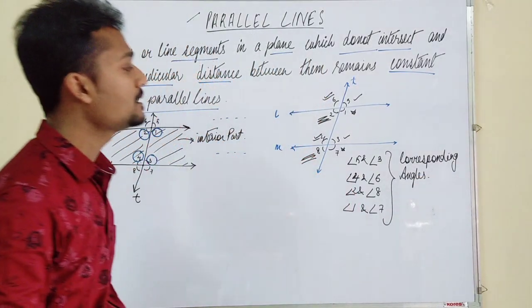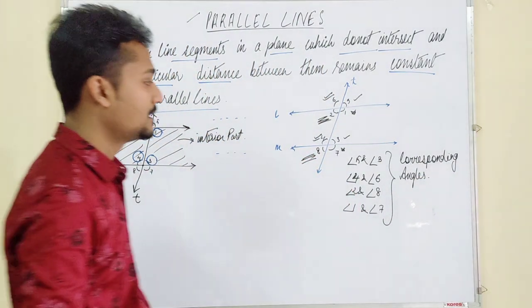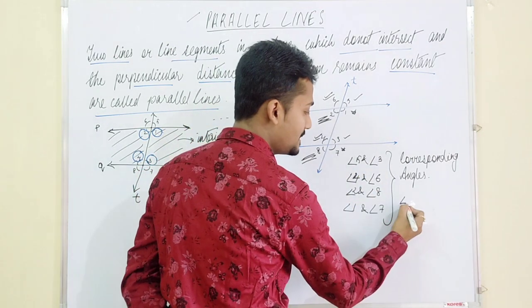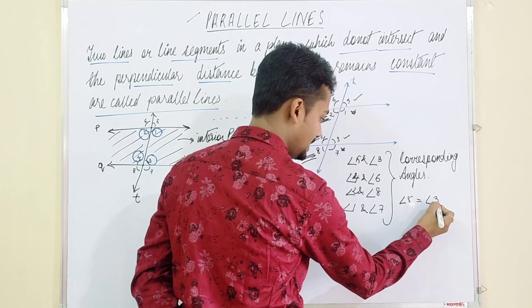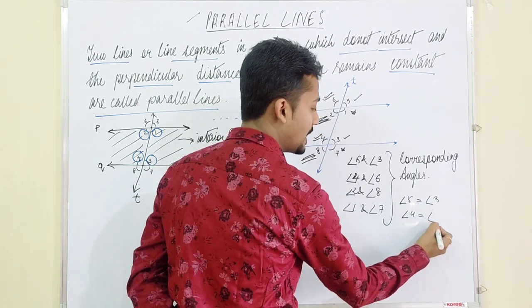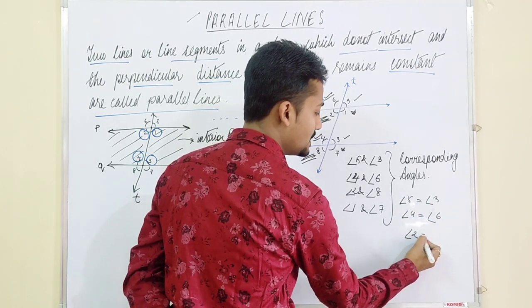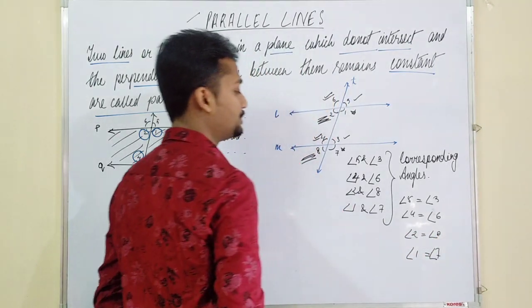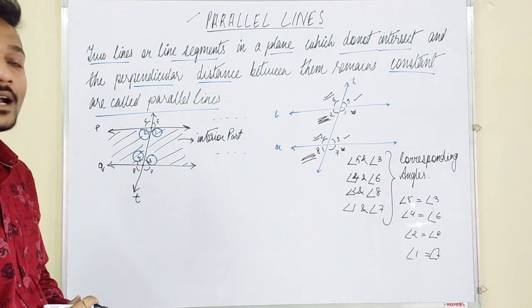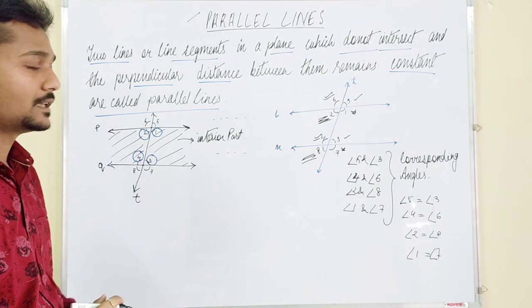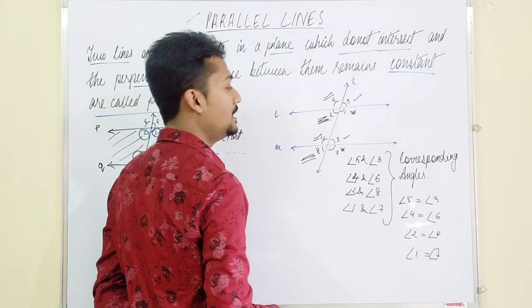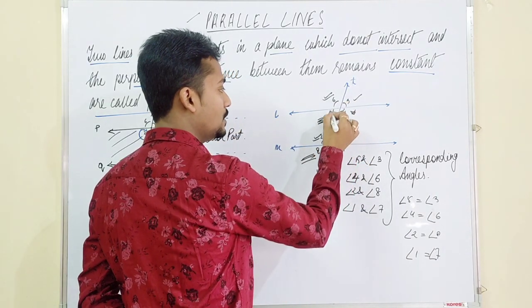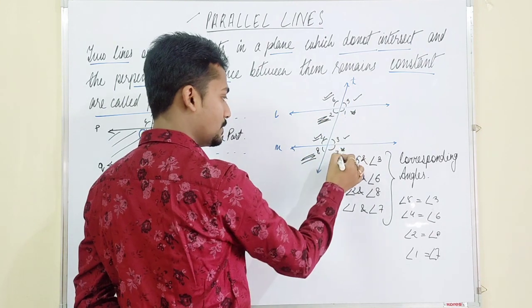Corresponding angles are equal to one another. That means angle 5 is equal to angle 3, angle 4 is equal to angle 6, angle 2 is equal to angle 8, angle 1 is equal to angle 7.